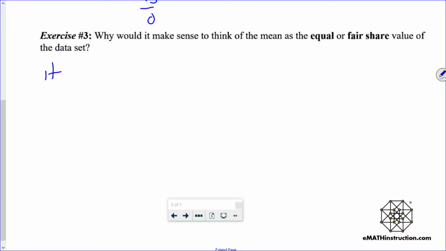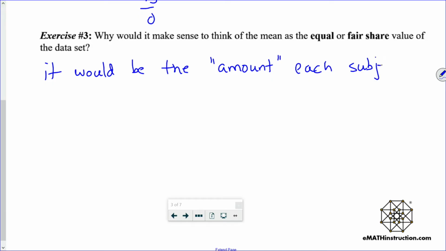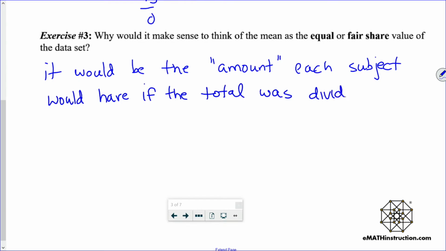So it would be, I'm going to put this in quotes, "the amount each subject would have if the total was divided equally or fairly amongst them."